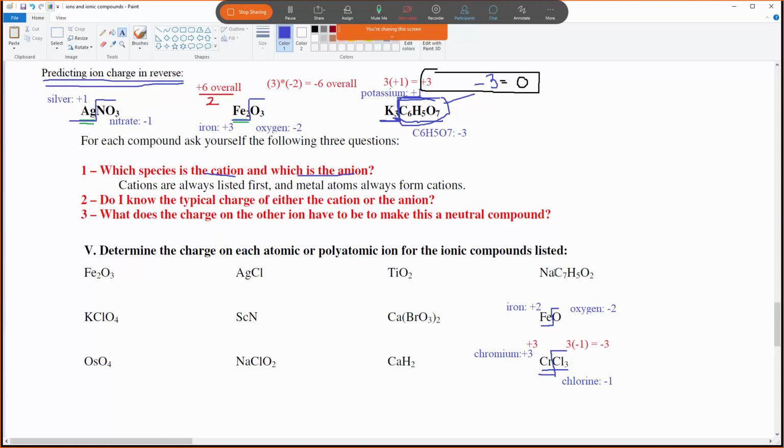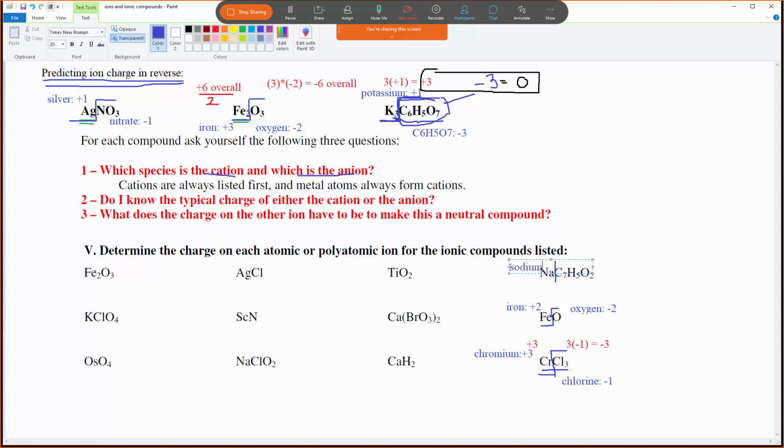Okay, let's check out this guy. What is happening here? NaC7H5O2. Excellent. Sarah identifies Na is sodium. That's a metal. That's my cation. That's where I'm splitting that compound. And because Na is in group 1, it's got a +1 charge. Awesome. Sodium +1.